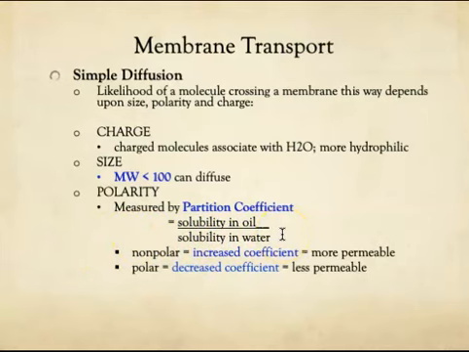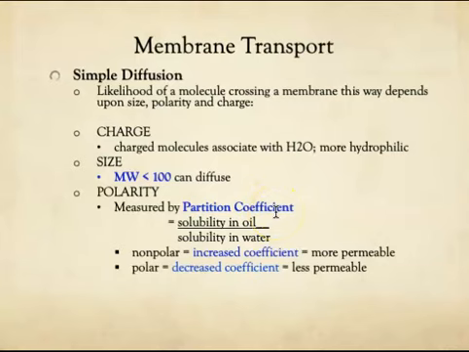The more non-polar a molecule is, the higher this top number will be, and the lower the bottom number will be. Remember, non-polar things dissolve in non-polar solvents like oil. So the more non-polar the molecule is, the bigger this number will be, and the smaller this number will be, so the larger the partition coefficient.